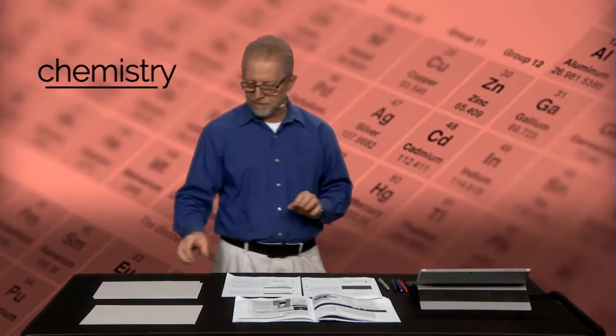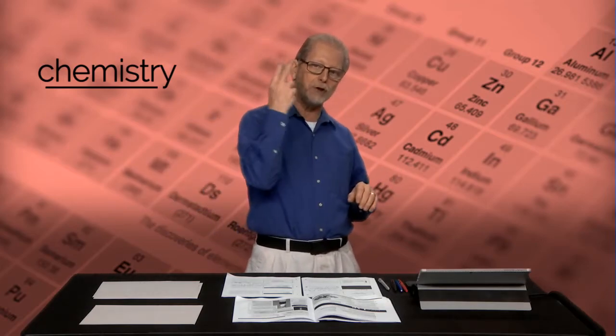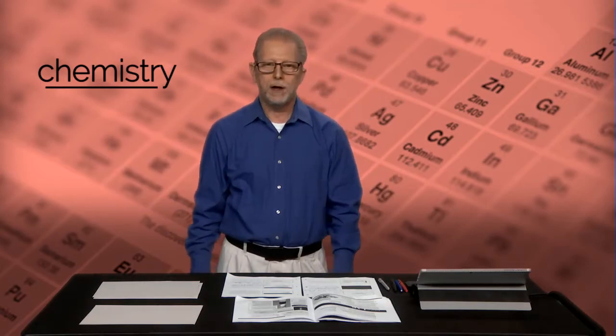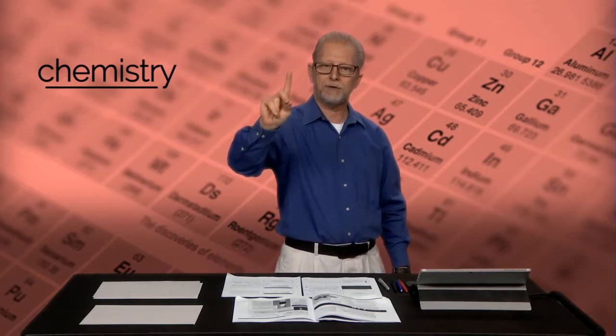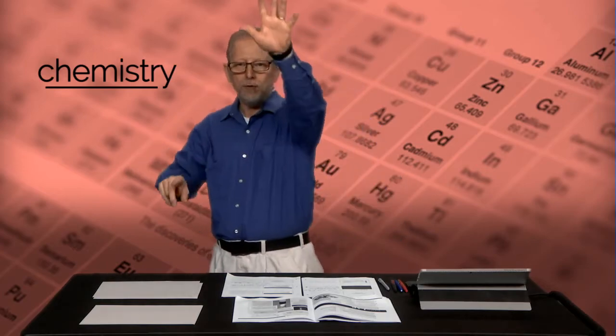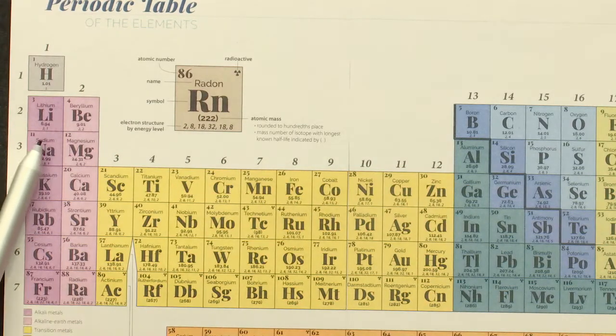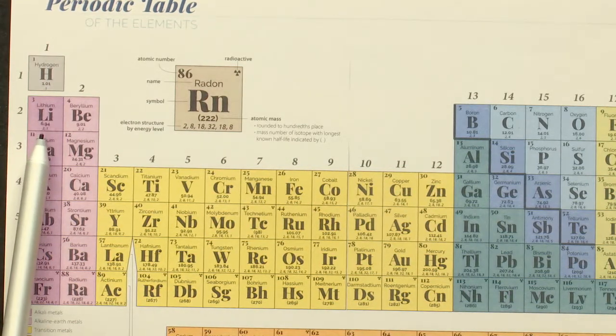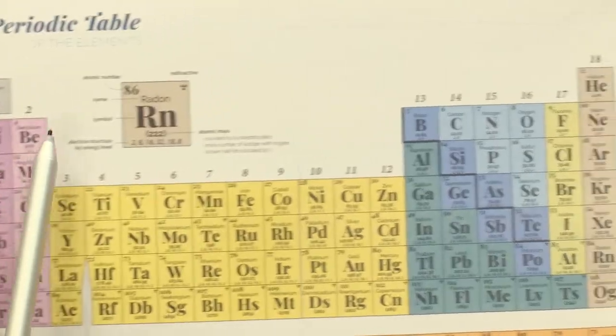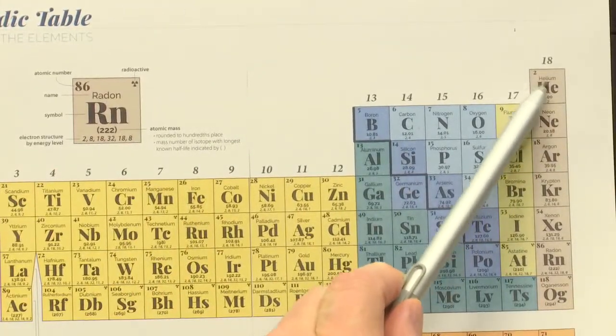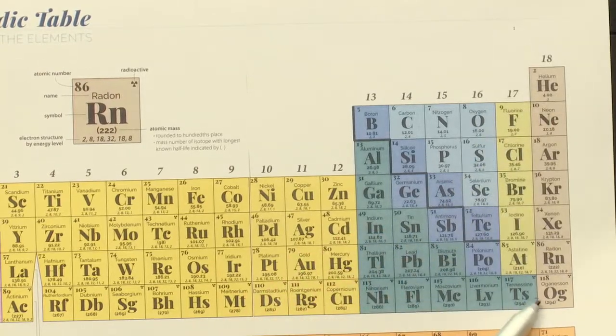Can you have a lithium with a 2+? No. It only has 1 outer electron. And if it loses that outer electron, it says 2-1. What happens if it loses that? Then it only has 2 electrons, which makes it like the group 18.